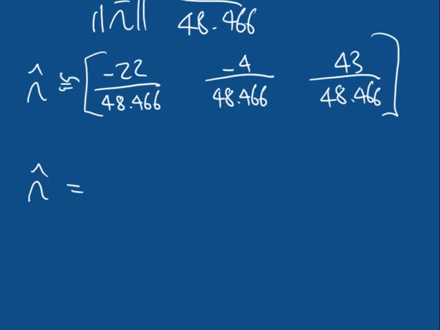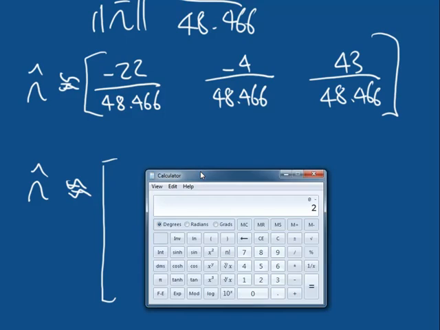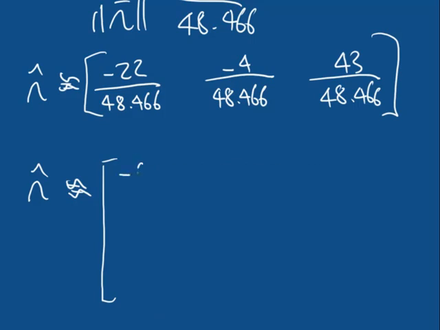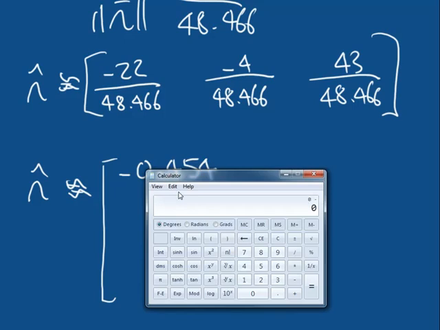Since we approximated this value, this is also approximate. So minus 0.454 in x. In y, it's minus 4 divided by 48.466, which is minus 0.082, which we can round to 0.083, and that is a negative.